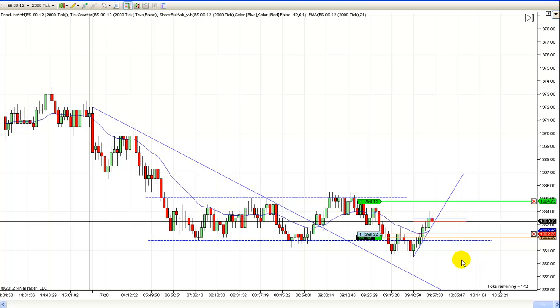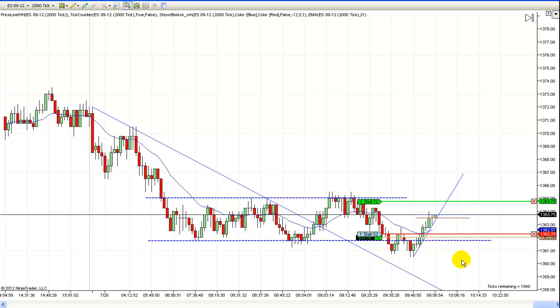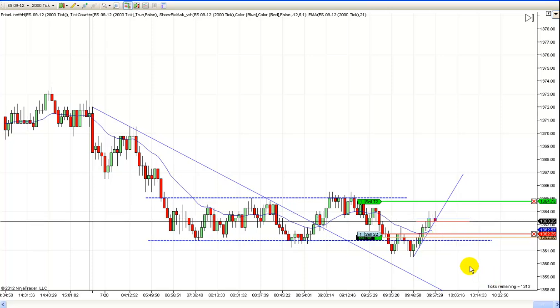So now we're either going to make $62.50 on this trade, or we're going to make more. It's $12.50 a tick, so if we get stopped out here, we're going to make $62.50.